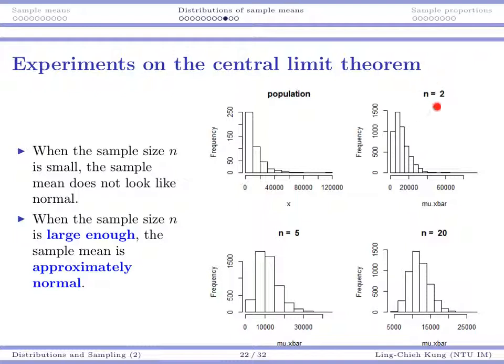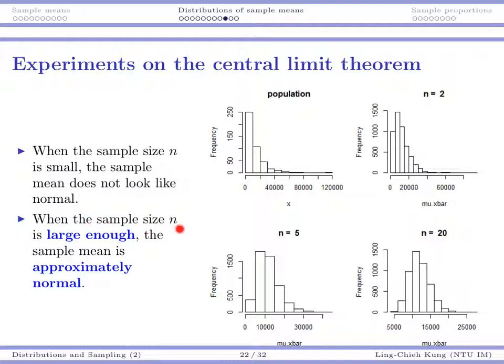When n is 2, still not really like a normal distribution, but we can see the peak somewhat shifts to the right, and now we have a tiny left tail. When n is 5, it looks even more like a balanced distribution. When your n is 20, we can see that this is very close to a normal distribution, right?